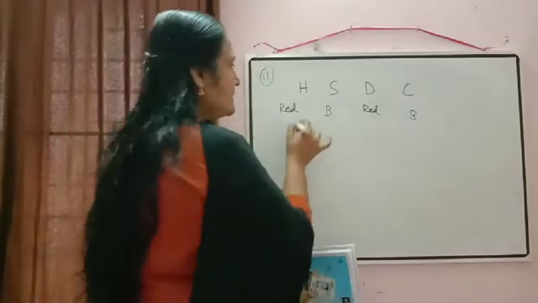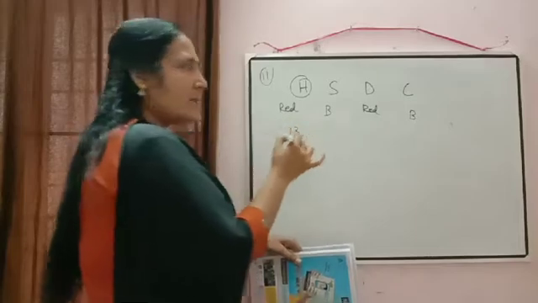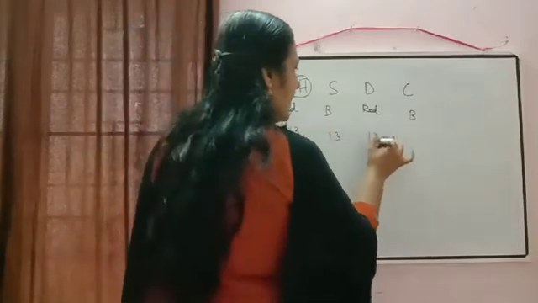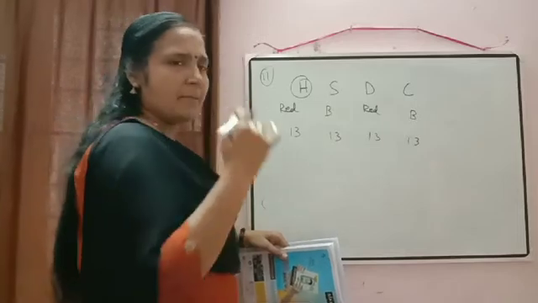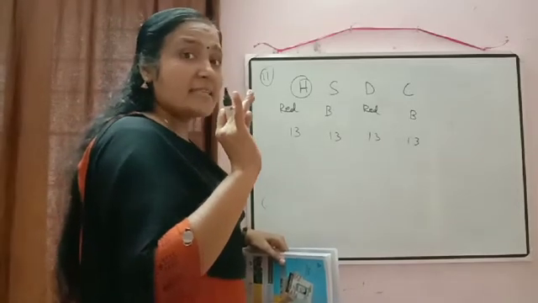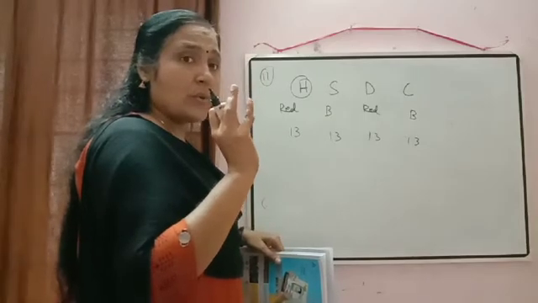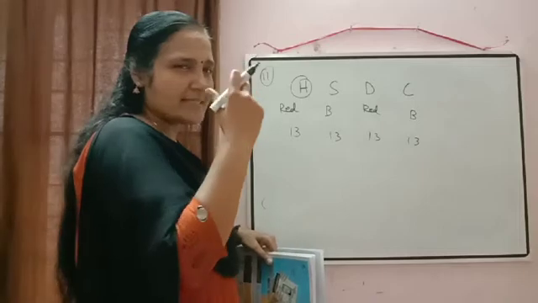Correct? So in each suit, how many cards are there? 13 cards. In these 13 cards, numbers 1 to 10 are there, and some face cards are there: jack, queen and king. They are called face cards because faces are there.